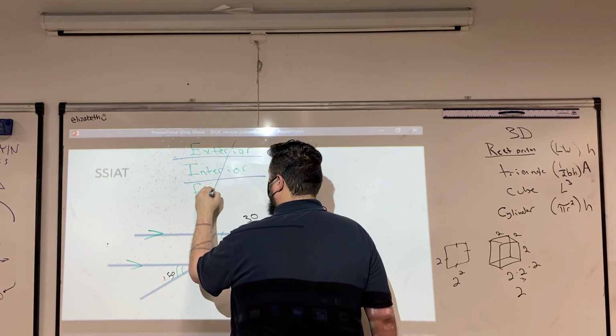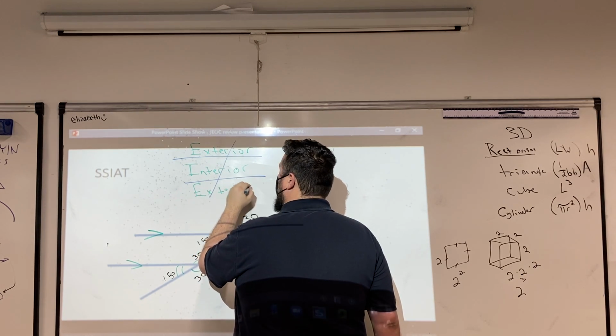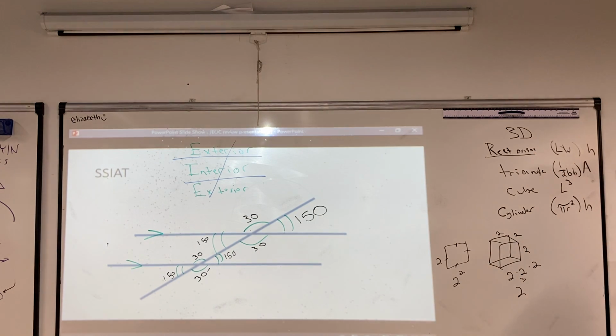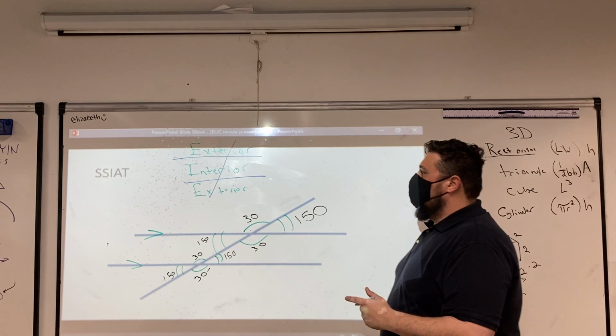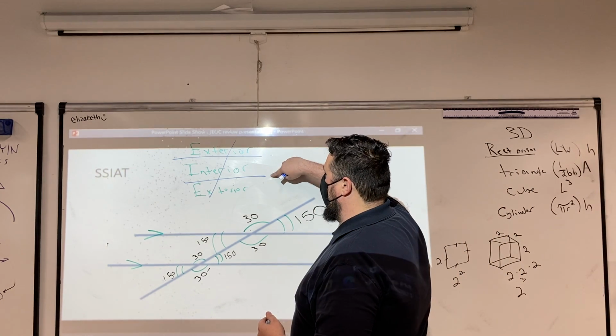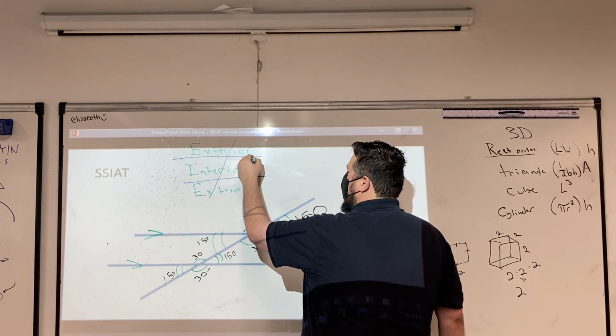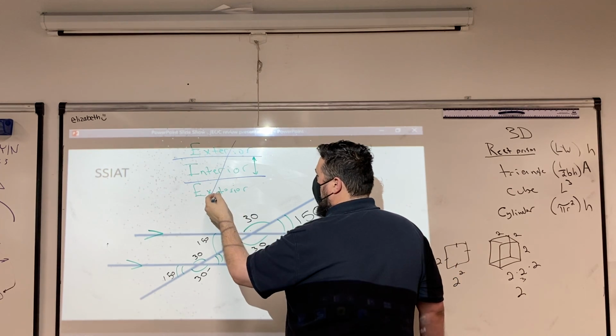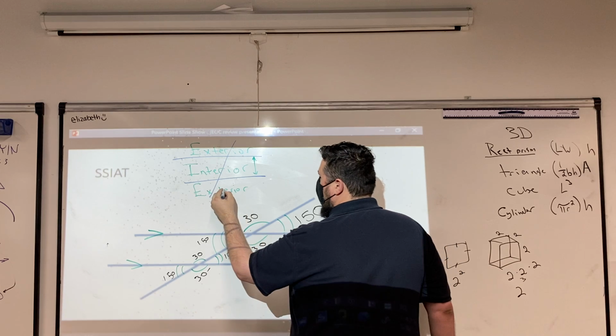All right, when we talk about same side versus exterior, it's talking about where they lie in reference to the parallel lines. This is inside the parallel lines, so it's the interior. This is outside the parallel lines, it's the exterior.